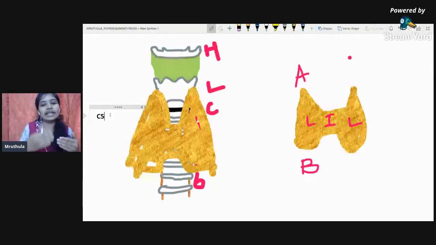But on the posterior aspect, it is not united. The lateral lobes are united only by the isthmus, which is only on the anterior aspect. So we should also know the posterior extent. Usually the posterior extent is between C5, C6, C7 and T1. It's up to T1 usually.